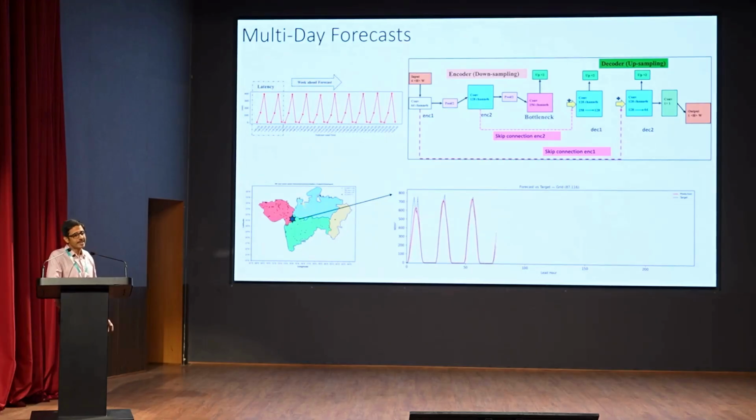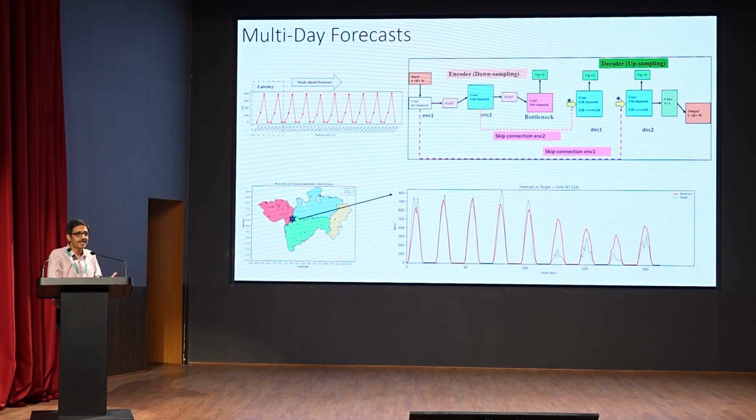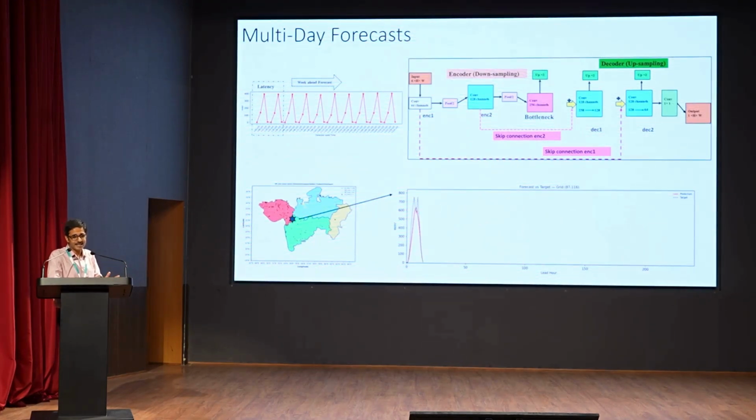So why do you need week ahead management? Because let's say some of the solar companies say they have to do some kind of change of technology, or some problem is there, and they have to replace some of the units. In that case, there will be some drop. They have to inform Grid India, and Grid India has to make arrangements.